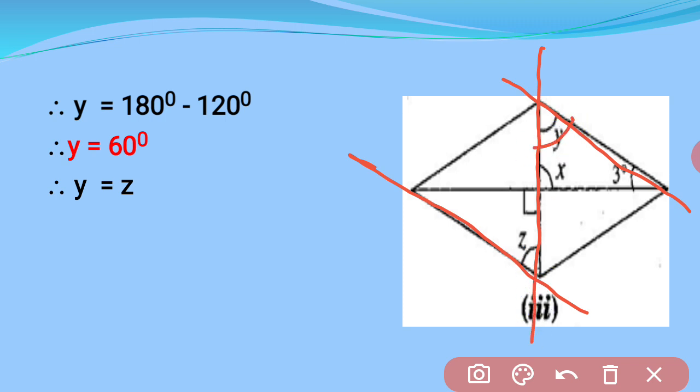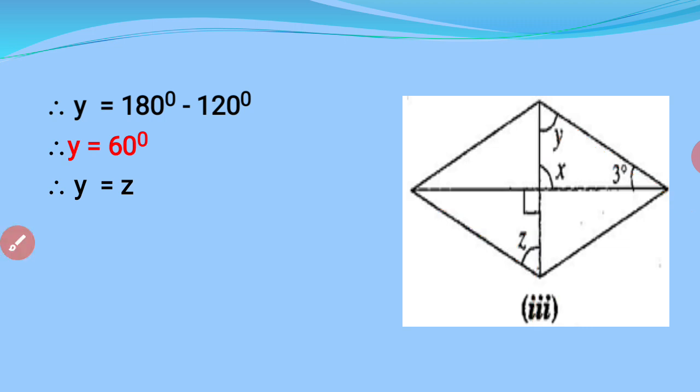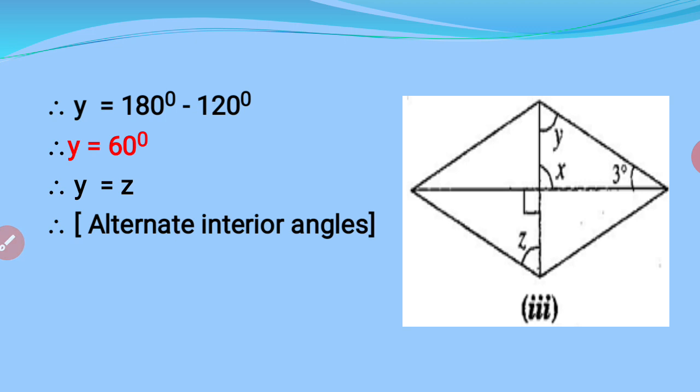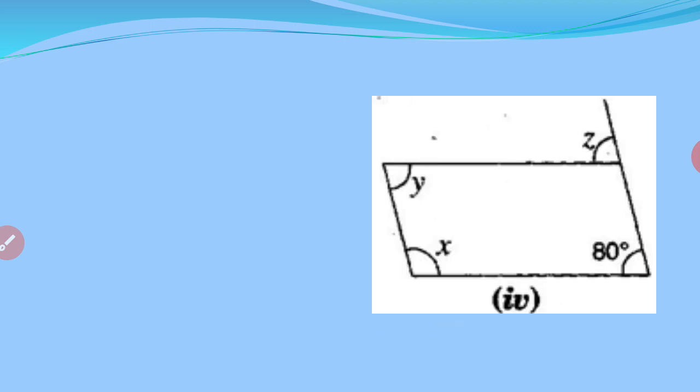In that case, angle y and angle z are the alternate interior angles, and we all know if the lines are parallel, then alternate interior angles are equal. So, we can conclude that y is equal to z. The reason is alternate interior angles. So, we can further state that z is equal to 60 degrees.